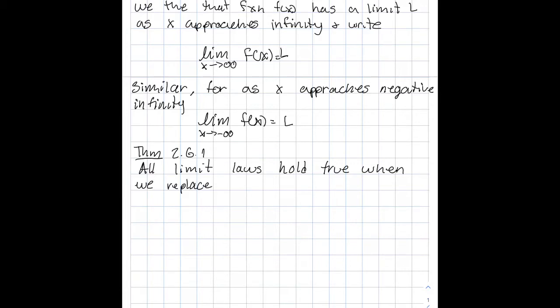So you can go back and look at those limit laws, and we define them as the limit as x approaches c, and you can just put in a limit as x approaches infinity, and all the laws hold, and if you put them with a negative infinity.